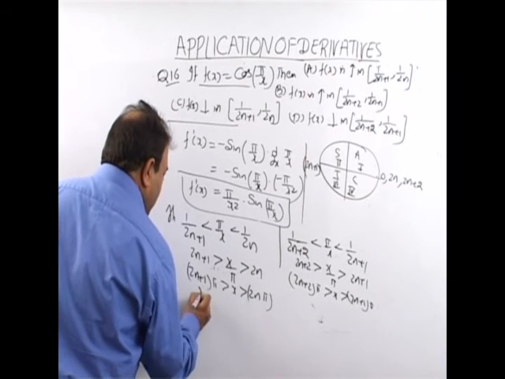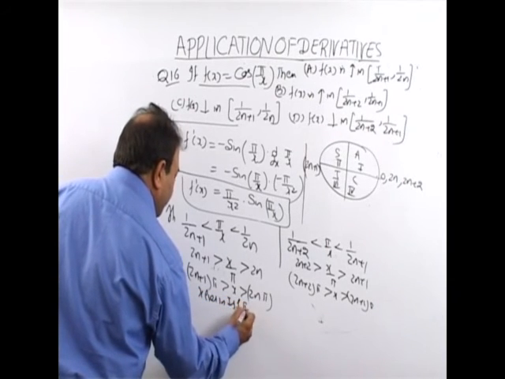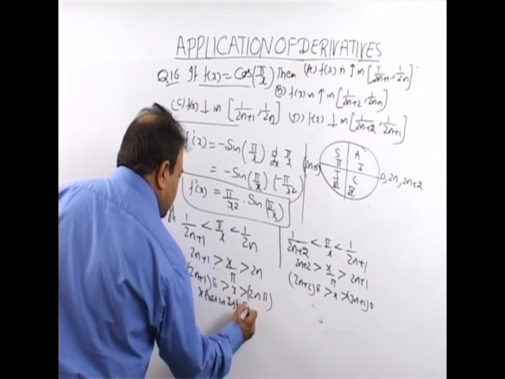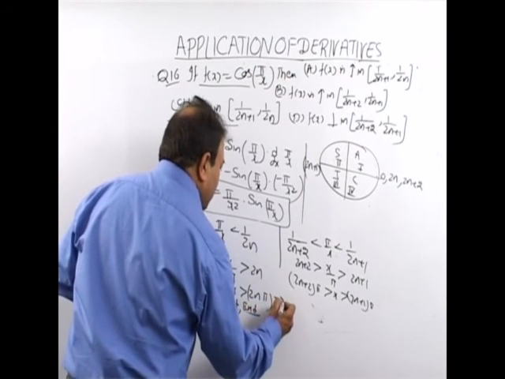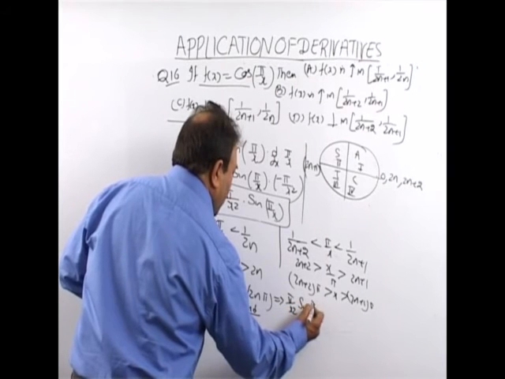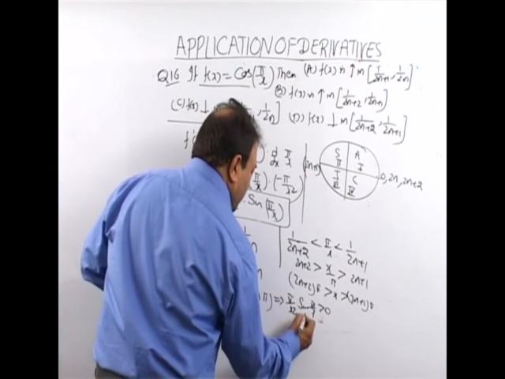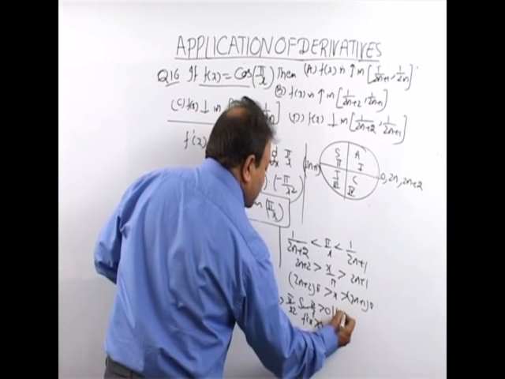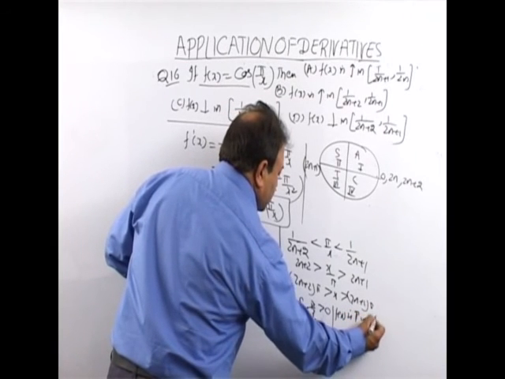This means x lies in the first and second quadrant. So pi upon x square sin(pi/x) is greater than 0. f dash x greater than 0. f dash x is positive, so I will say f(x) is increasing in the first and second.